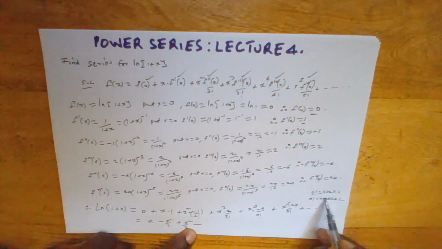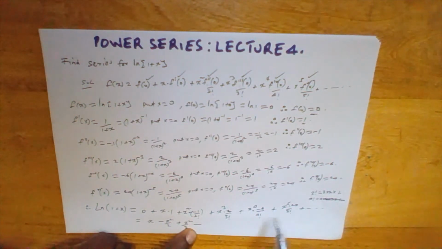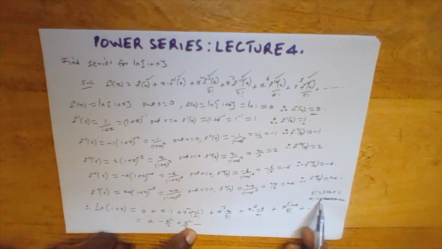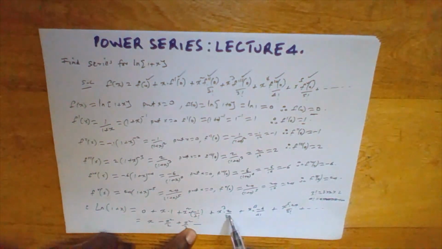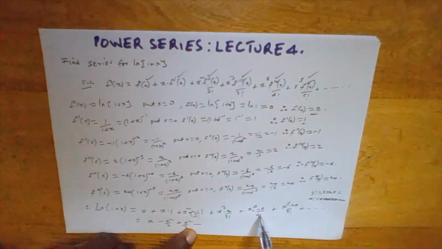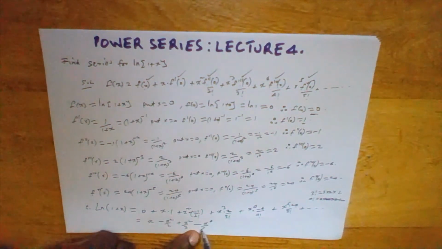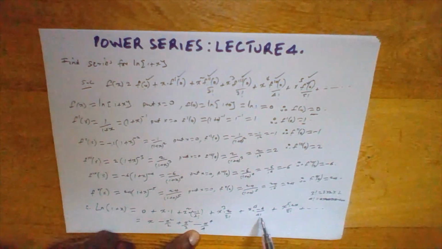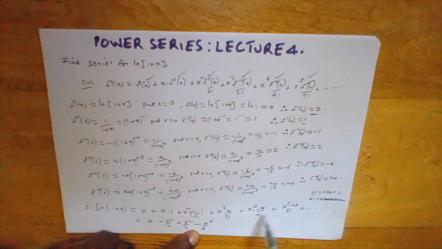Therefore, this 6 will cancel with this 6, and this 4 remains. So here we remain with x raised to 4 all over 4. This 6 will cancel with that 6, and we remain with this 4.